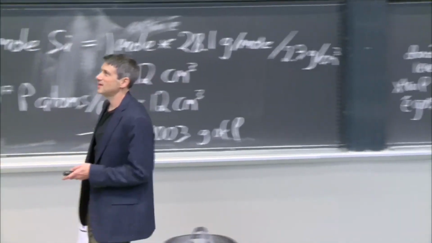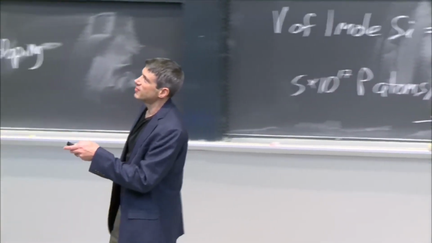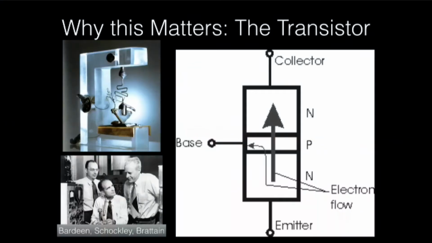So important that it led to this, which is the very first transistor. That's a transistor. It's a doped semiconductor, one type next to a doped semiconductor, another type. Those are the three people, Bardeen, Shockley, and Brattain, who won the Nobel Prize for this work. And that's the first transistor.